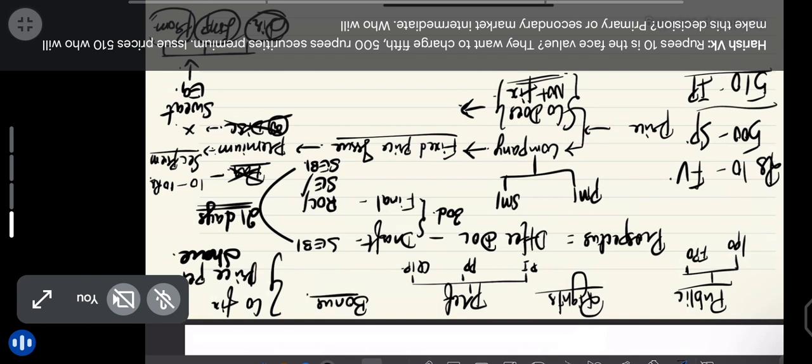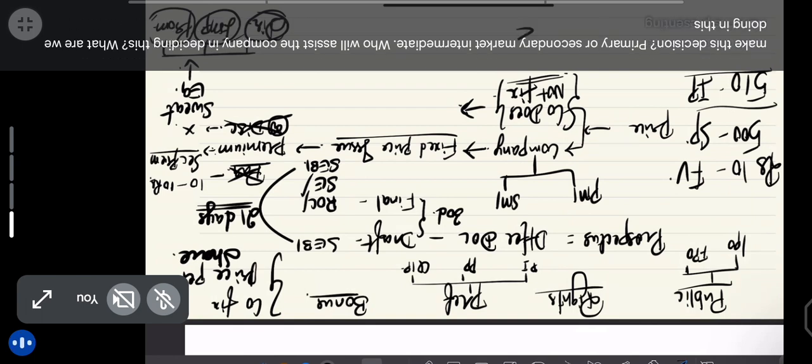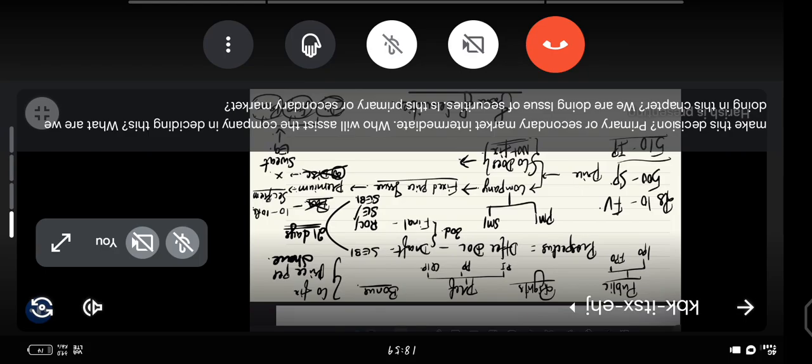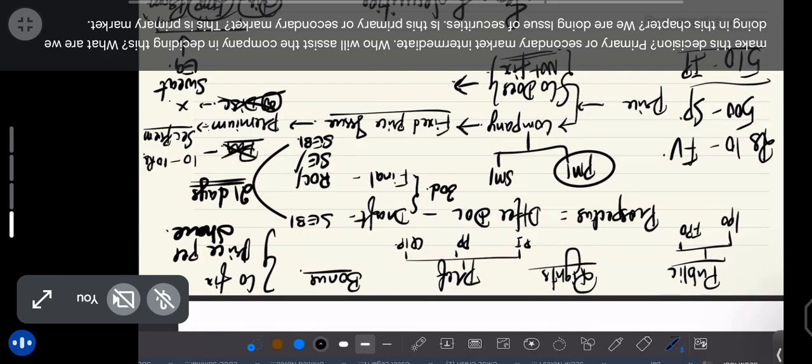Who will assist the company in deciding this? What are we doing in this chapter? We are doing issue of securities. Is this primary or secondary market? Primary, sir. This is the primary market.